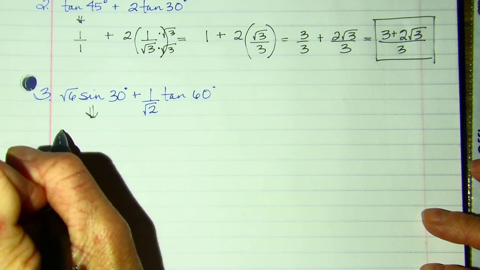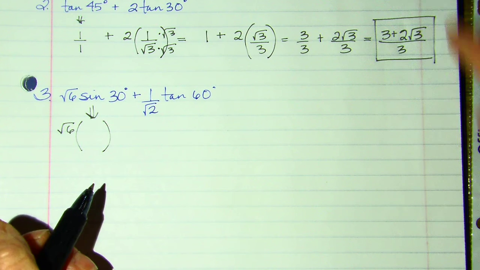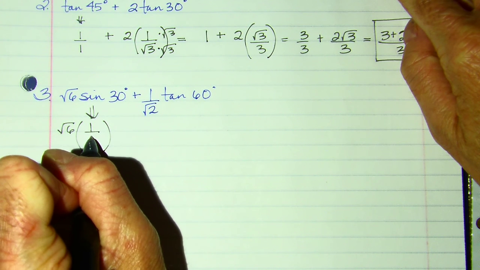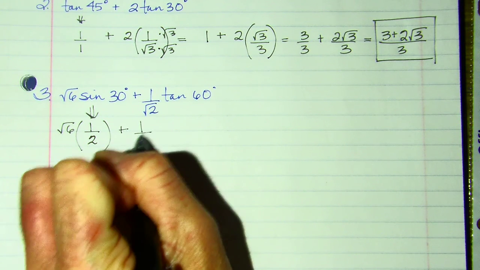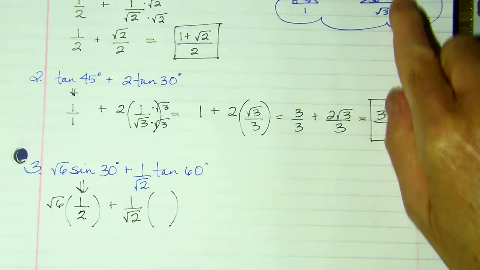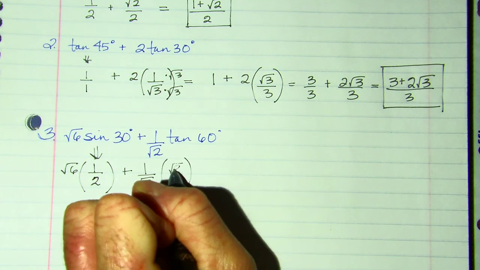I have root 6 times the sine of 30. If I look up, that's opposite over hypotenuse. Plus, I have 1 over root 2 times the tangent of 60. Tangent of 60, remember, would be opposite over adjacent, so root 3 over 1.